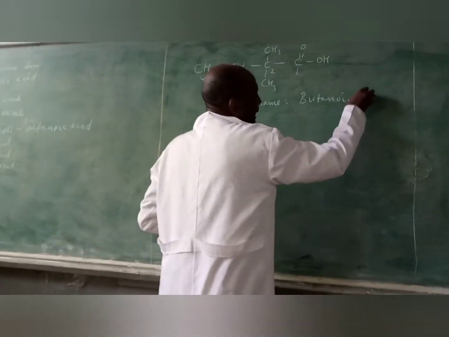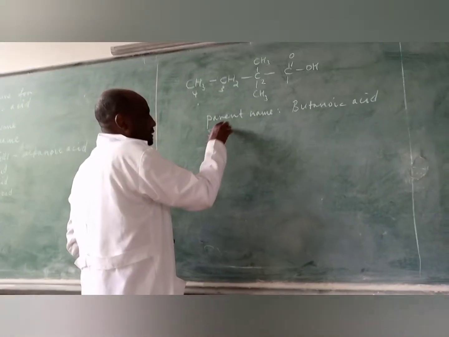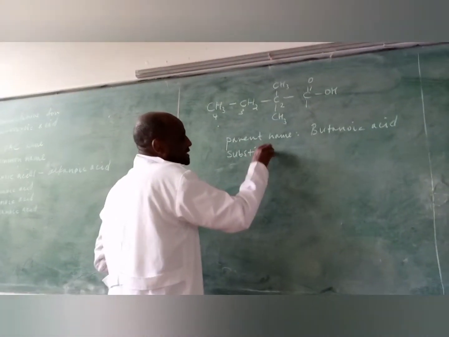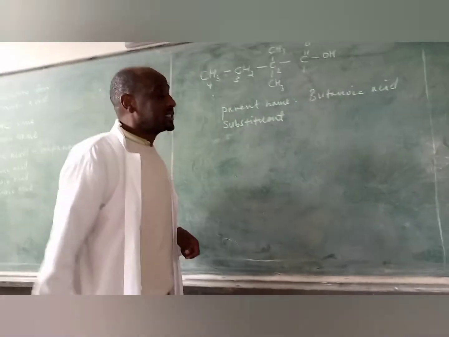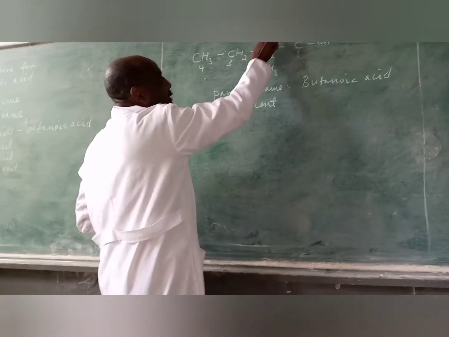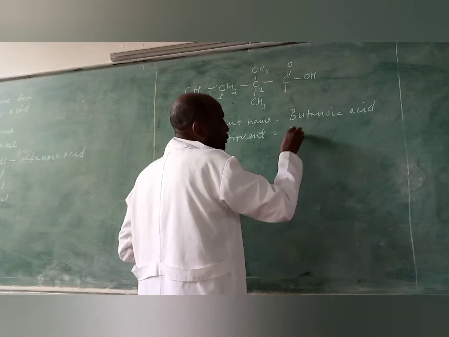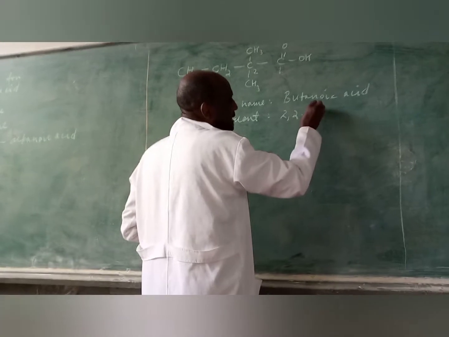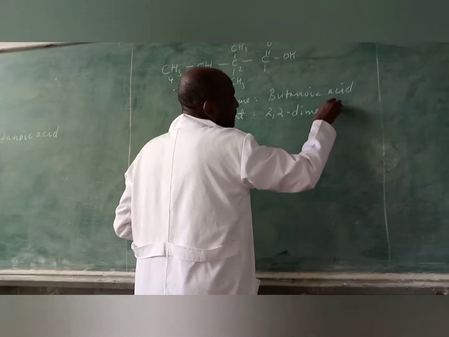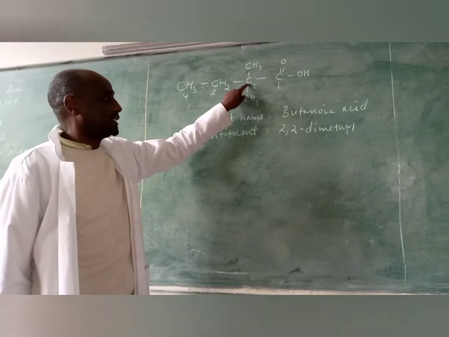Butanoic acid. The substituents or side chain. Here we have methyls on the second carbon. Therefore, 2,2-dimethyl, as the substituents are on the same carbon, the second carbon.